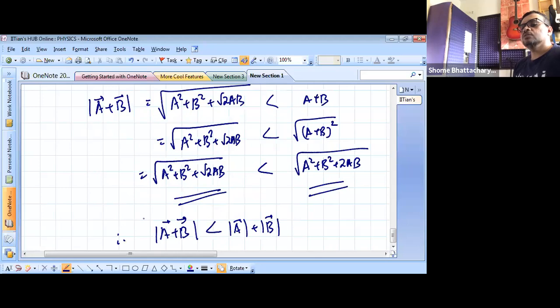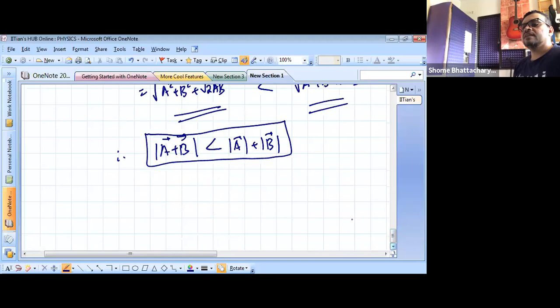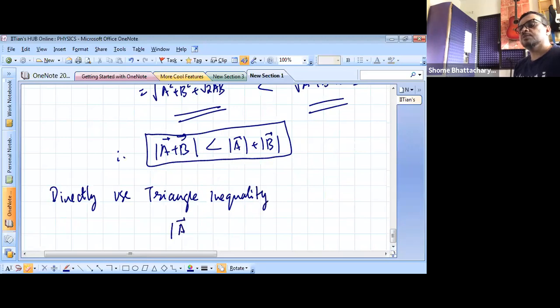Or you can just use the statement of triangle law directly. If you understand the triangle inequality, you can use it directly. The triangle inequality statement is that the mod of A plus B, for any possible value of theta, is less than or equal to mod A plus mod B and greater than or equal to the difference of A and B's magnitudes.